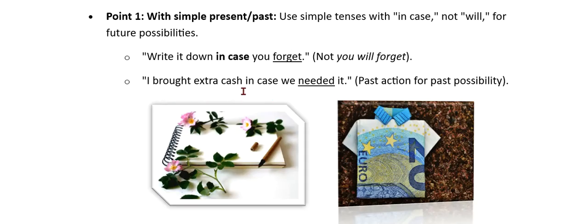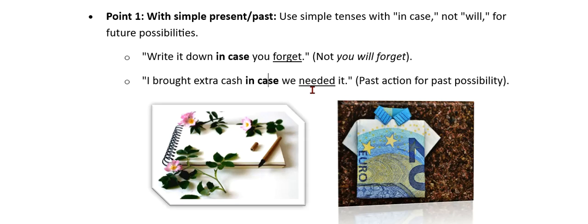I brought extra cash in case we needed it. As you can see here, we have in case we needed it. Past action for past possibility, of course, but we use simple past. Don't use would after in case. It is wrong. So do not use will or would after in case.